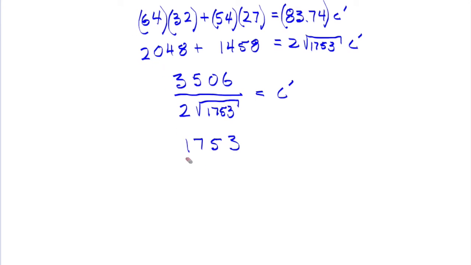All that divided by the square root of 1753. It cancels out. I need to multiply the top and bottom by the square root of 1753, and you're right.